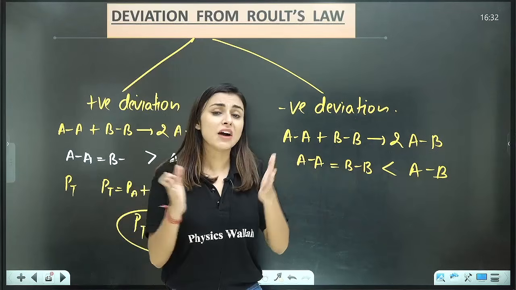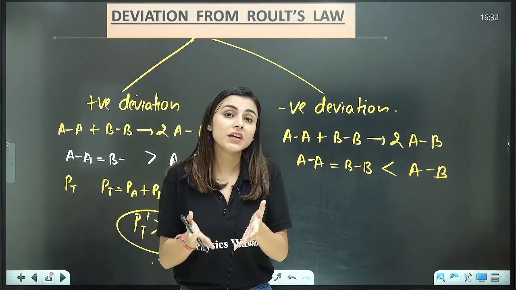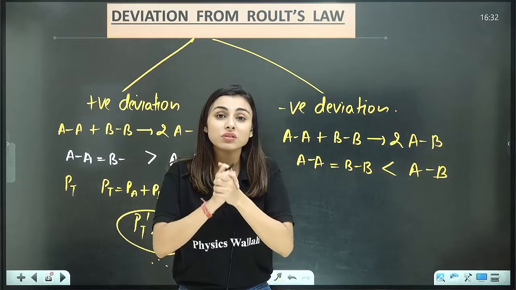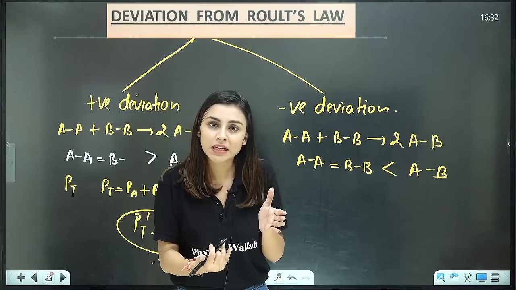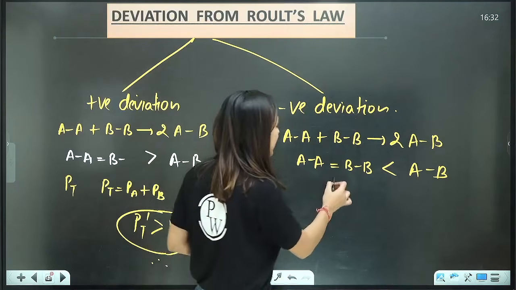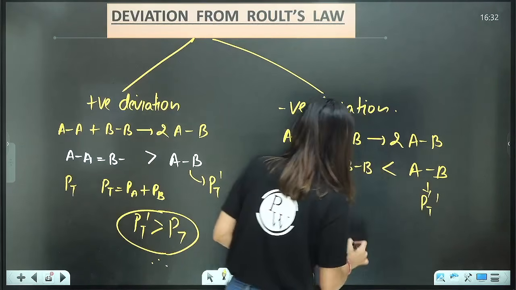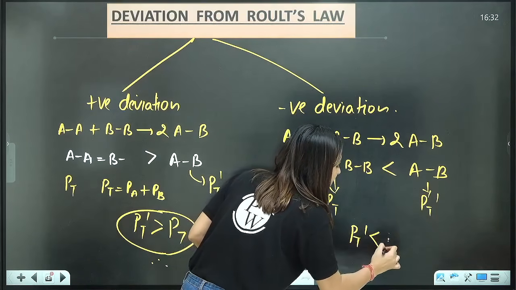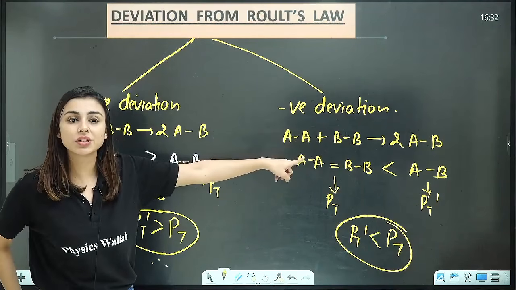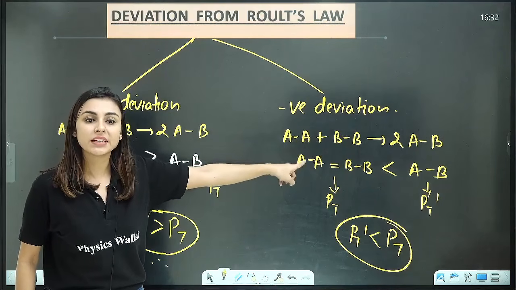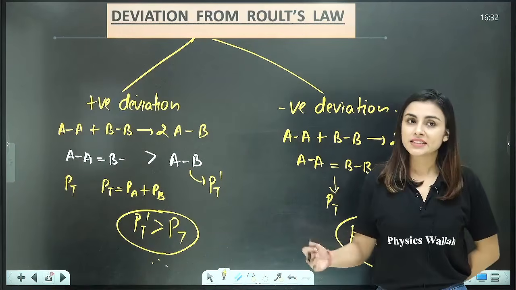Why? Because after mixing, the molecules will stay closer, and that is the reason their vapor pressure would be less, right? So if we calculate here as P total and here as PT dash, we will say that PT dash will be less than P total, and this will show you negative deviation. Clear? Perfect. Very good. Let's move forward.